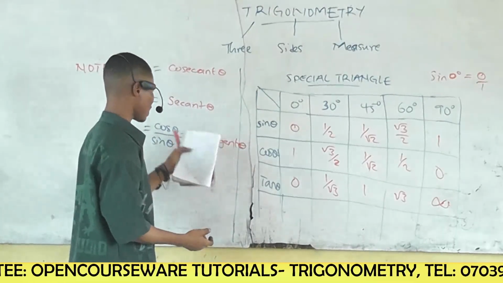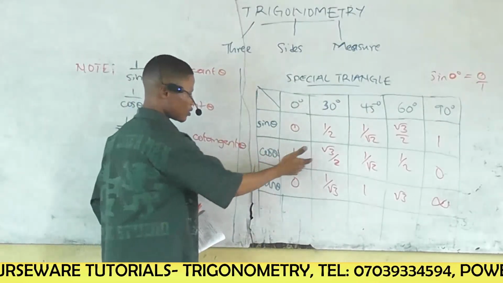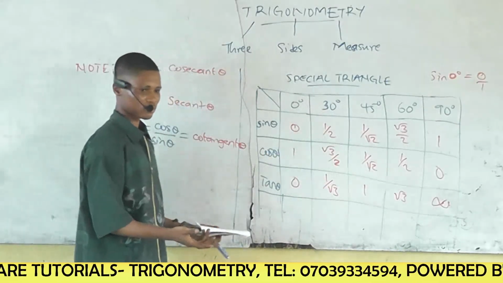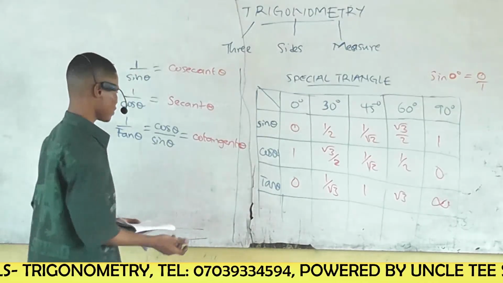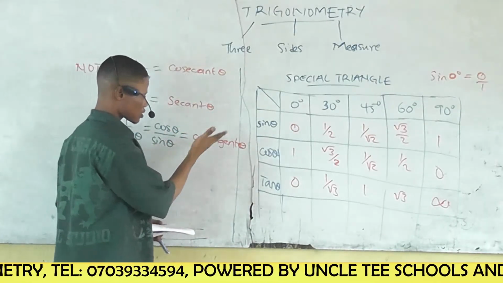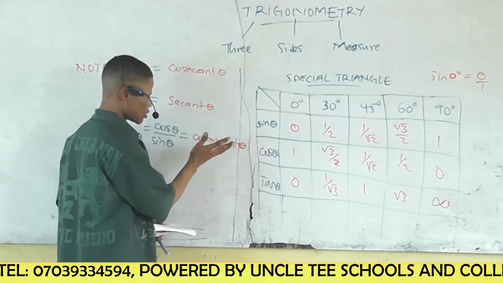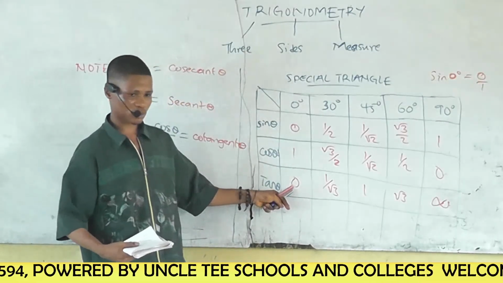Then for sec theta, you take the reciprocal of all of this one also. Do you get it? Then for this part, cot theta. Cot theta, if you take the reciprocal of this, what will it be?